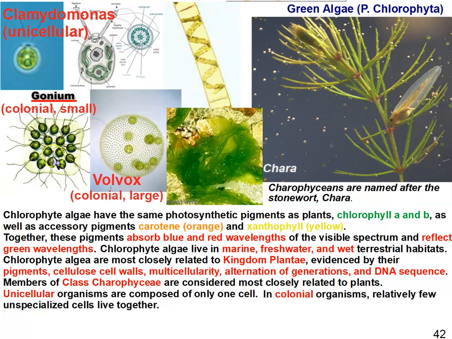Gonium is an individual organism made up of a few cells. Volvox is an individual organism made up of many more cells, still considered colonial, however. And Spirogyra here is a filamentous colonial organism, so the cells are in chains.